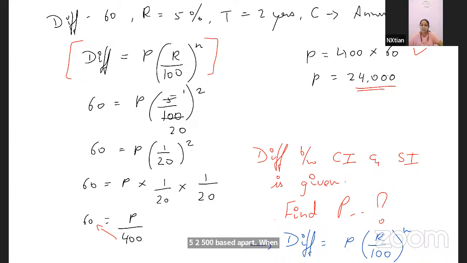If it is compounded quarterly, we use P R by 4 by 100 raised to the power 4n. Okay, that's how you can modify the formula according to how it's being compounded. With these kind of questions, you can use this particular formula.